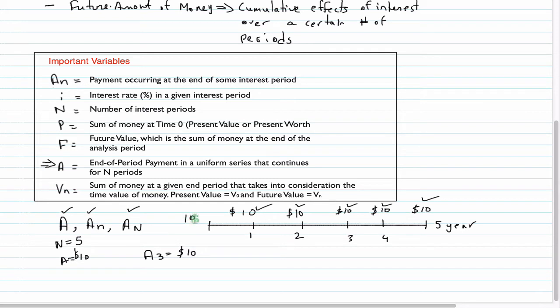So if you start off with $100, or you start off with $0, and you need to pay a car company $5,000, or if you start with $0 and you have to pay Netflix $10 a year, what happens is that at the end of 5 years you have to pay them.